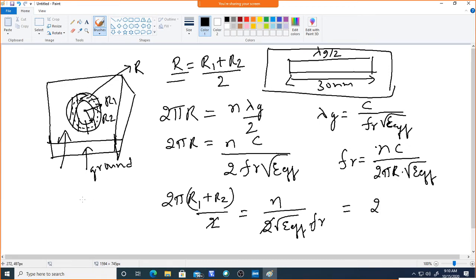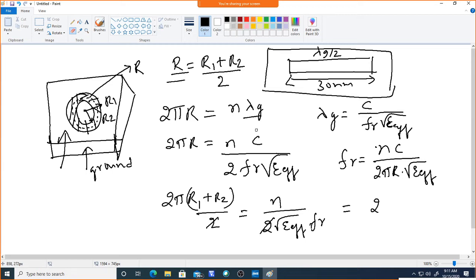So here we need to take the mean radius, which is r1 plus r2 divided by 2. If you substitute here, it will become this much. So here it is a multiple of lambda g.